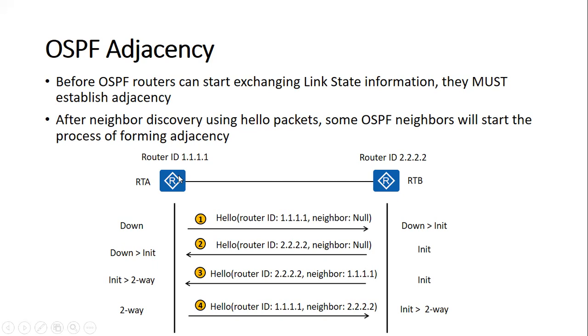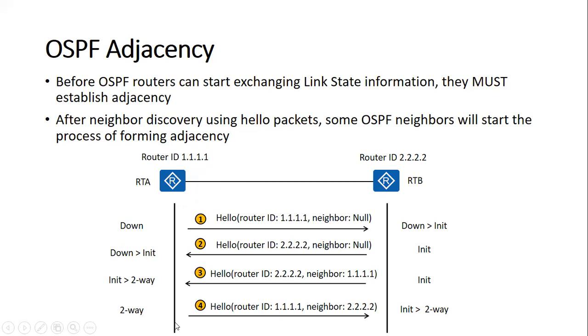Init means it has received a hello packet, but in the list of neighbors, it did not see its own router ID. And then it can transition to two-way, when it receives a hello packet that has its own ID in its list of neighbors. We looked at this in our previous video extensively.